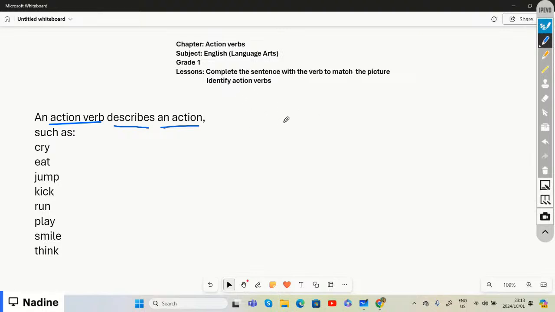The first one says, he is brushing his teeth. What is the action verb within that sentence? He is brushing his teeth.